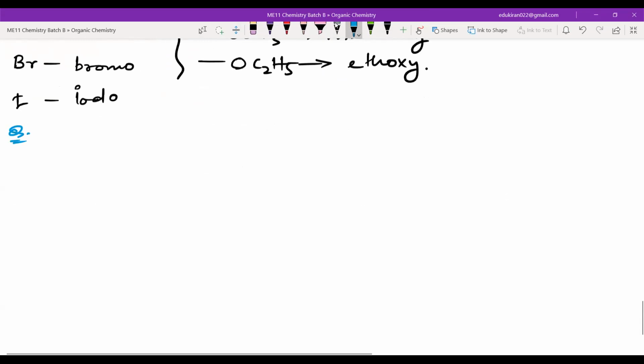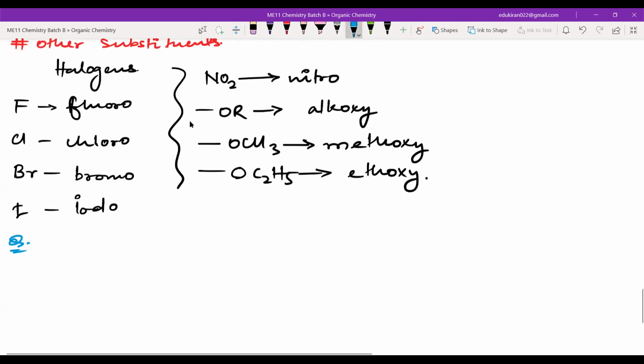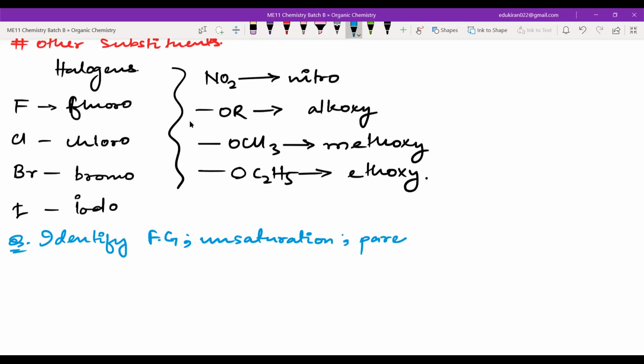Identify the functional group, unsaturation, parent and substituent in the following.